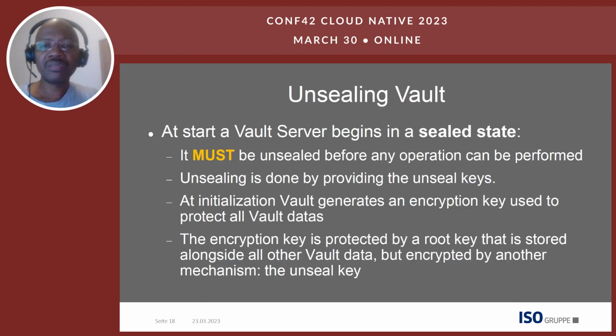At the start, Vault finds itself in a sealed state, and it must be unsealed before any operation can be performed on it. Unsealing Vault is done by providing the unseal keys. At initialization, Vault generates an encryption key. It's used to protect all Vault data. And the encryption key itself is protected by a root key that is stored alongside all the other Vault data, but it's encrypted itself by another mechanism called the unseal key.